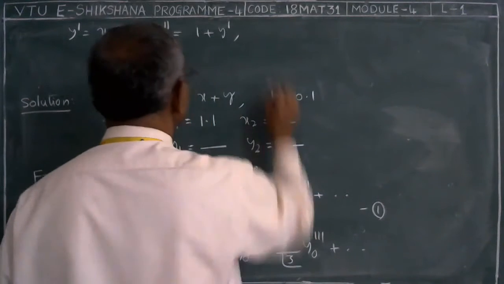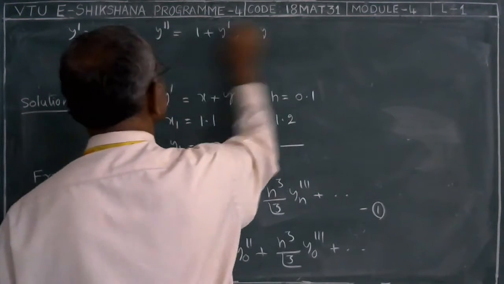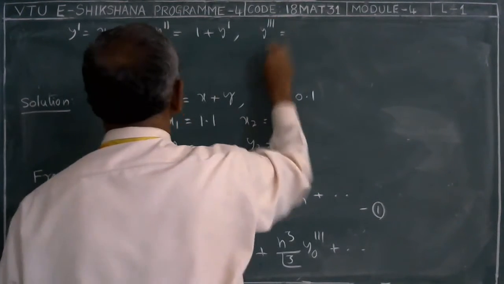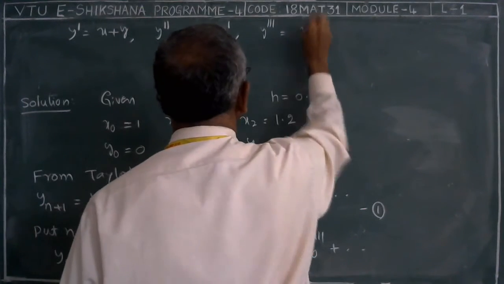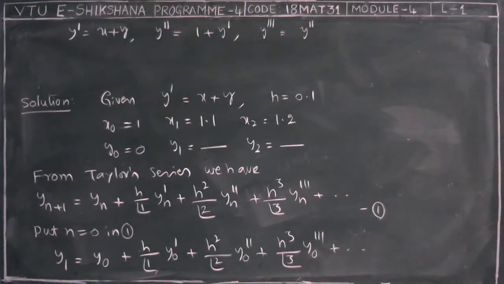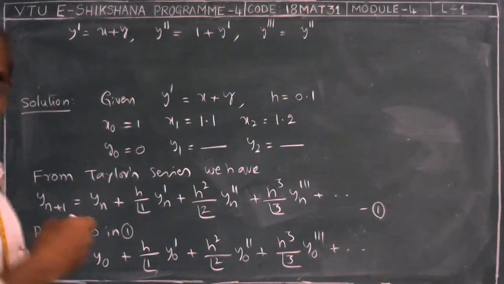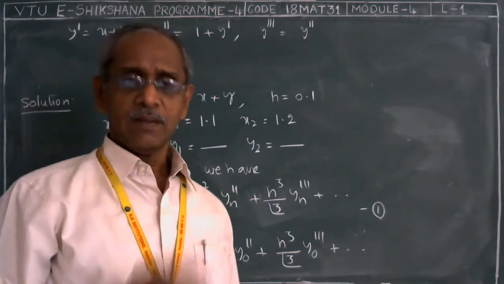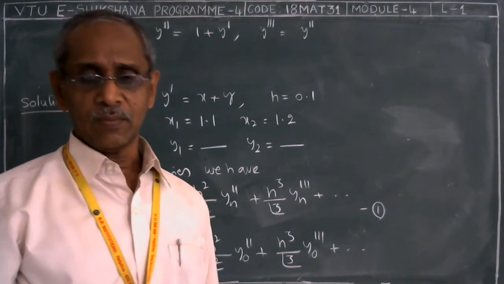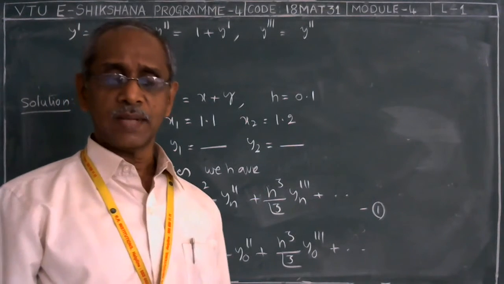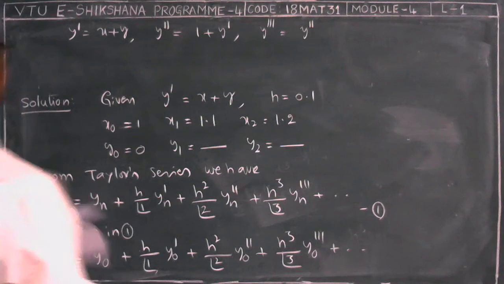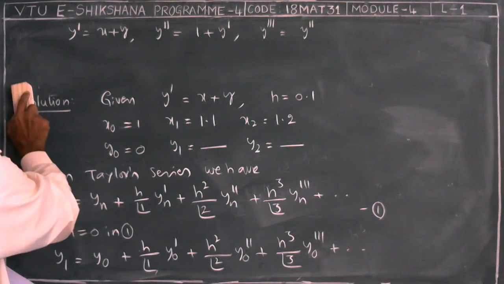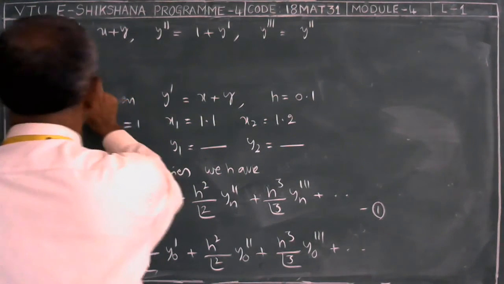Then I need the third derivative also, so differentiate again with respect to x. y triple dash is y double dash. Very simple in this particular problem. You can differentiate any number of times. The fourth derivative is y triple dash, the fifth is y fourth derivative, and so on.